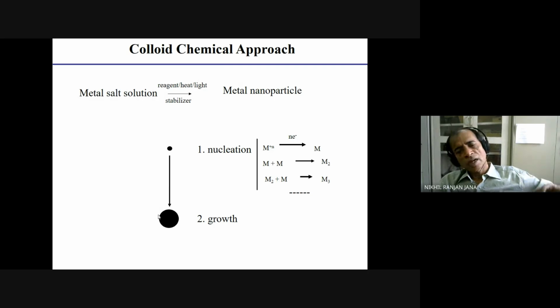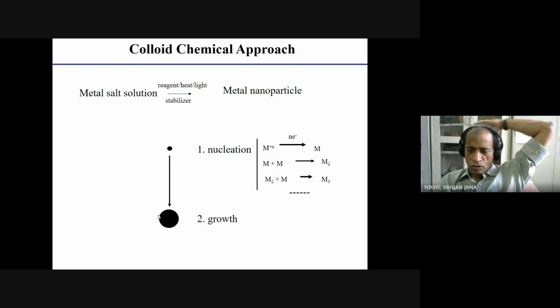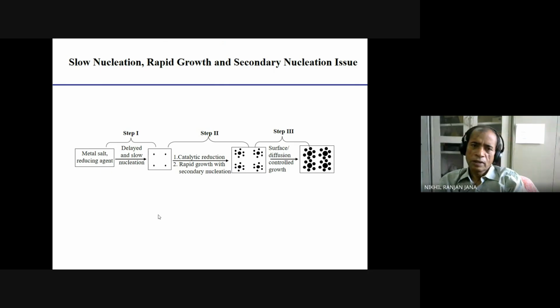And chemists are major players in controlling size, and without them it's almost impossible to make high quality particles. There are a lot of issues. How to control nucleation growth. And there are chemical reaction mechanisms which are too complex. That's linked to nucleation growth.